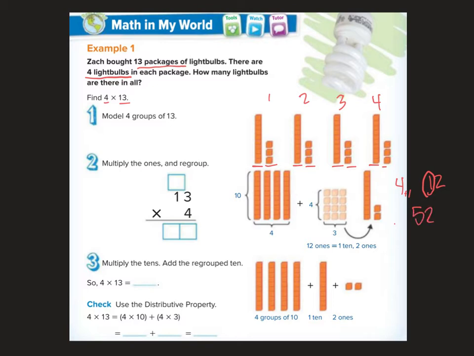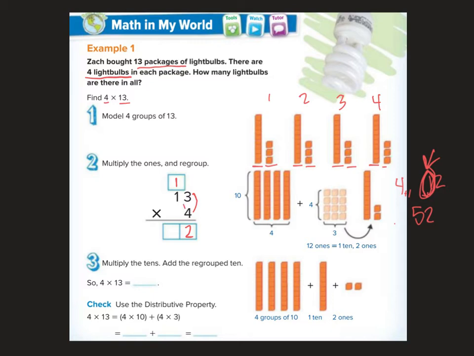So let's look at, how does that look with numbers? First I do 3 times 4, and that's 12. So just like addition, I put my 1, my 10, up there. That's this 10 over here, that's going up on top. And then my 2 goes on the bottom, just like addition.